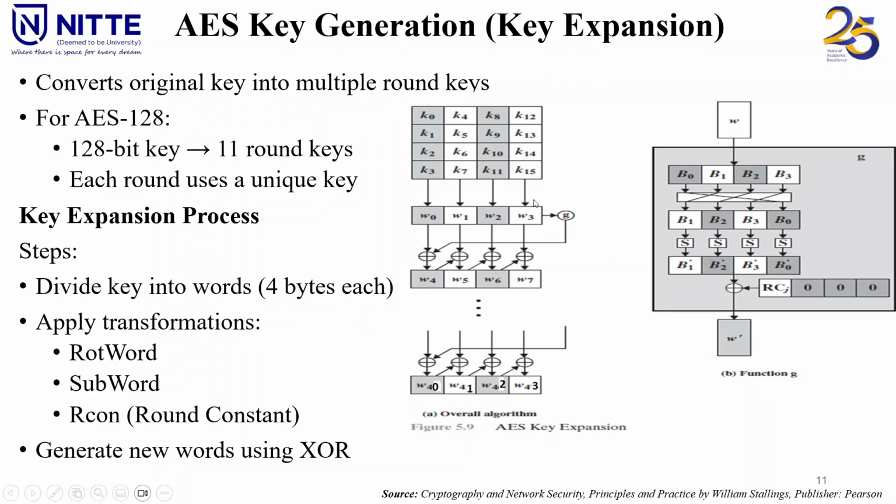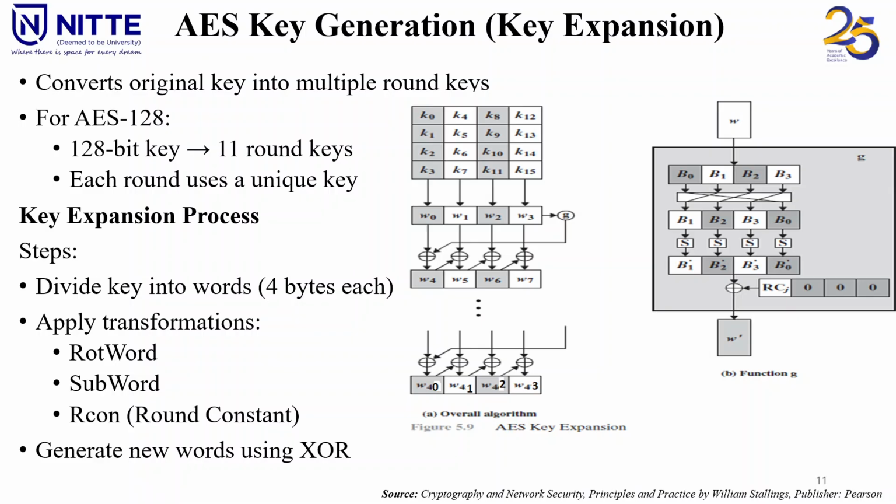In order to generate the next round, I want to generate W4, W5, W6, and W7. We take the last word, W3, and pass it into the function G. The output of G is given as an input to the XOR function, which takes another input from word W0. These two perform the XOR and produce W4.